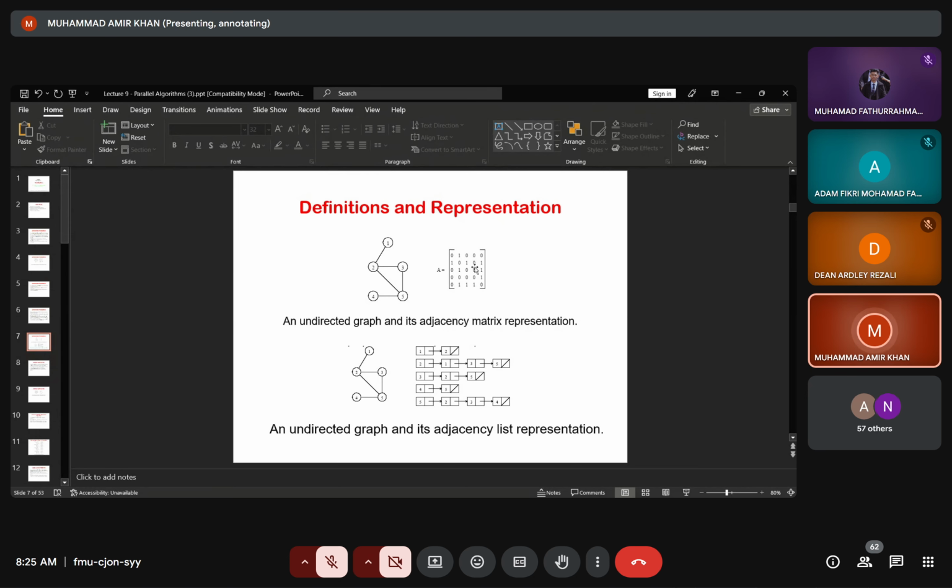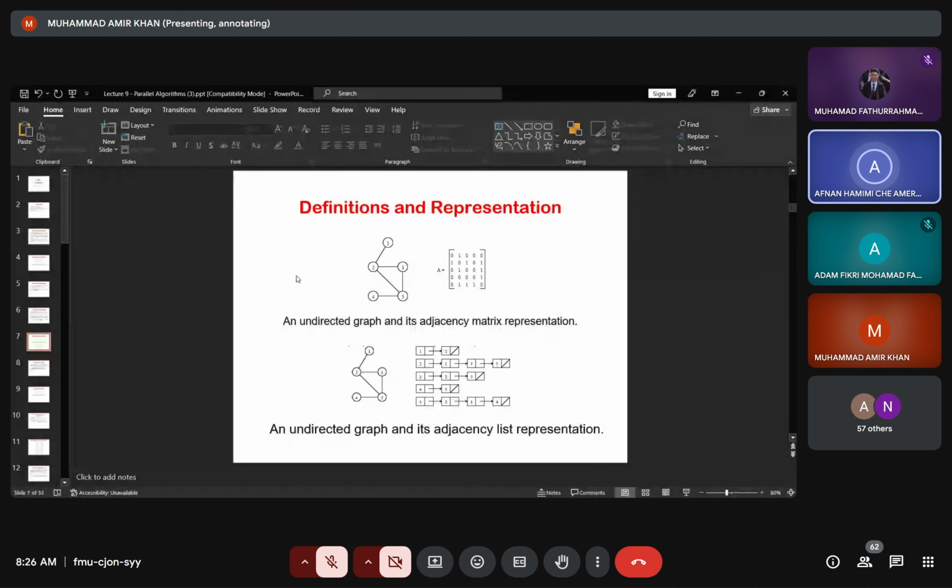Just see the graph and the matrix. How do they present 0, 1, 0, 0, 1? What does it mean? The first node is connected to the second node and not the others.